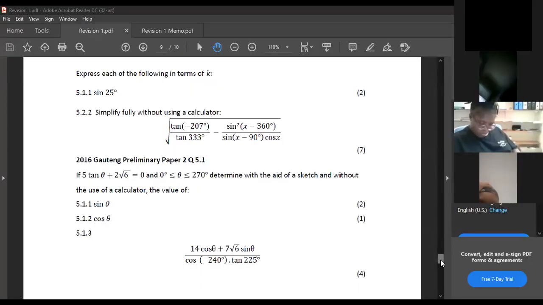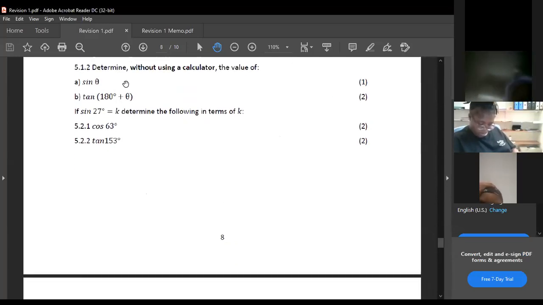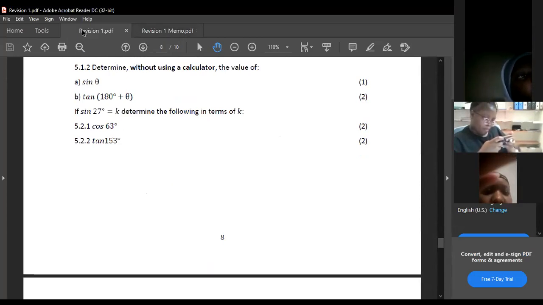All right, I want us to look at this question on page 8. This is a 2015 Western Cape question, page 8 on this handout.